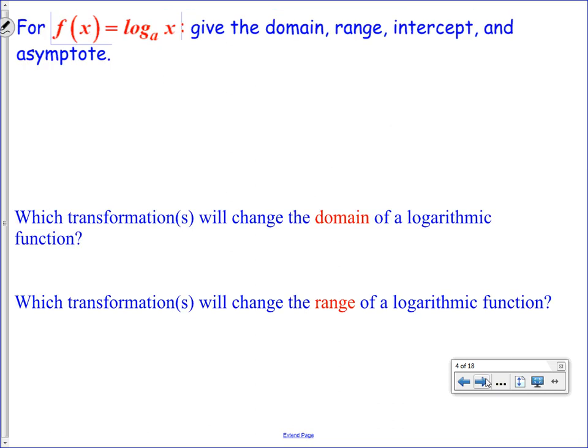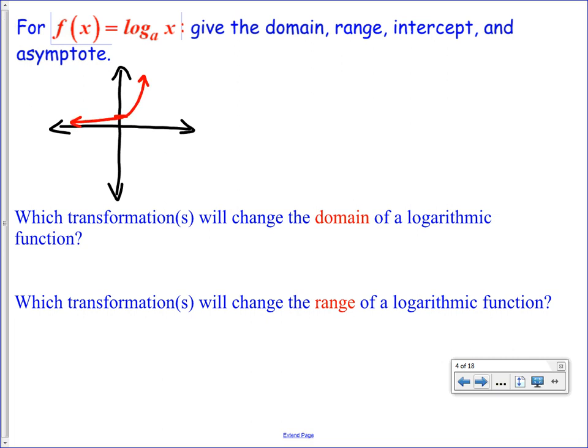Okay, so let's look at the graph of a logarithm. Now remember that these are inverses of exponential functions. And so your exponential function, depending on your base, if the base was greater than 1, it looks like this.